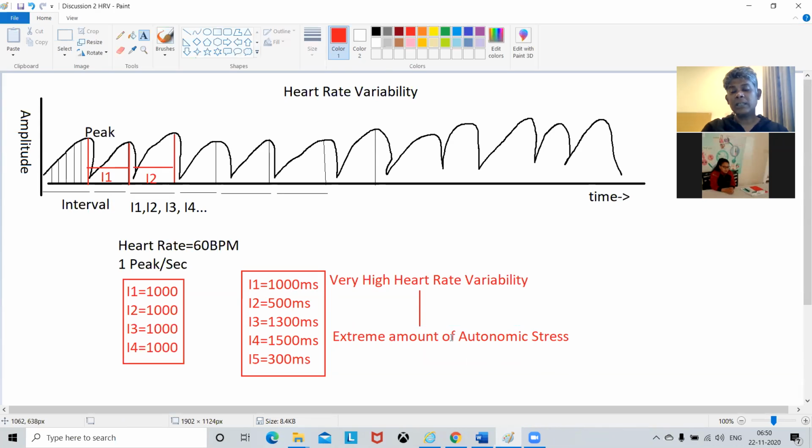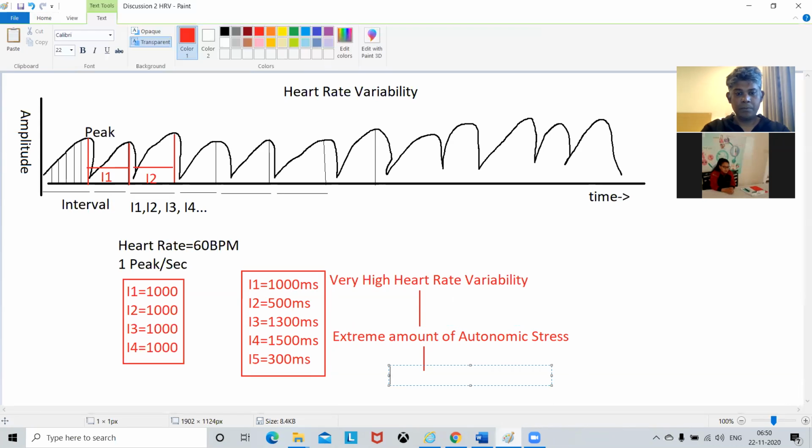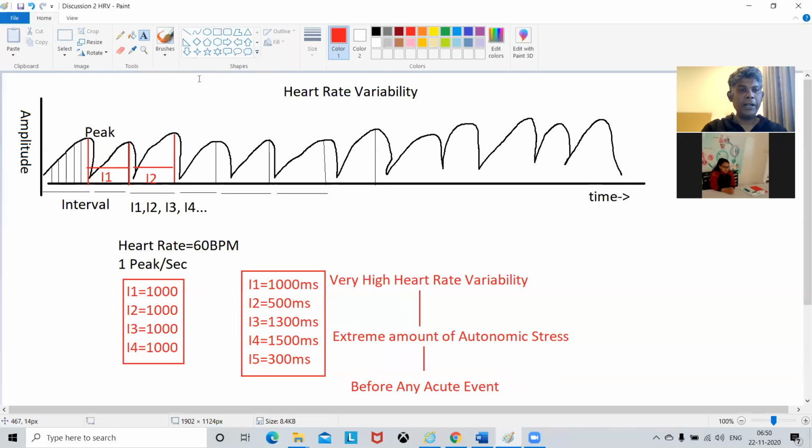Now, this is a condition that happens before any acute event, or in a tremendous amount of anxiety.